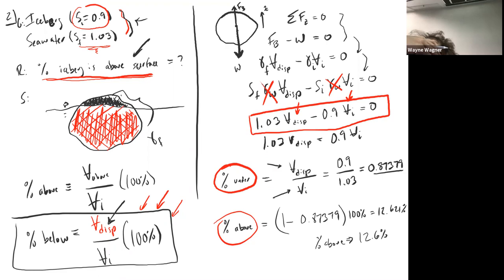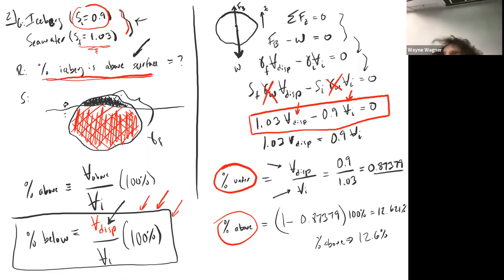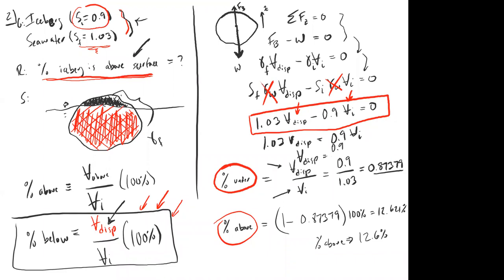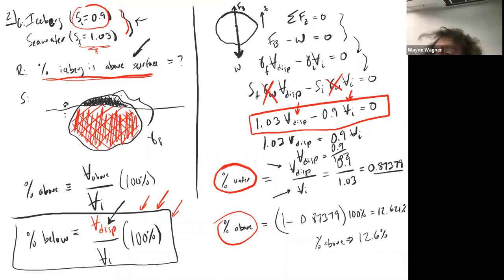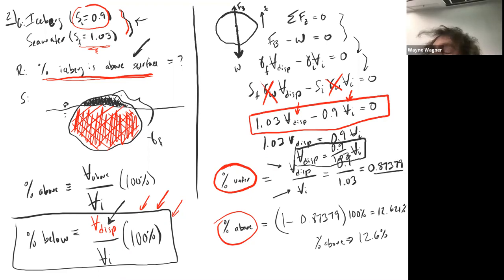If you solved for any one of those, would it be the same answer? Like if you divided everything by 1.03. Oh, you mean, let's suppose right here I'd said volume displaced equals 0.9 over 1.03 of the volume of the ice. Yeah. Would it be the same thing? Yes, everything would still work.